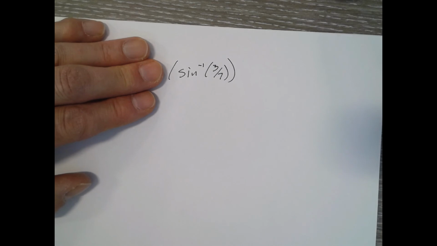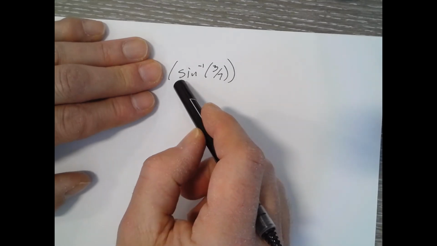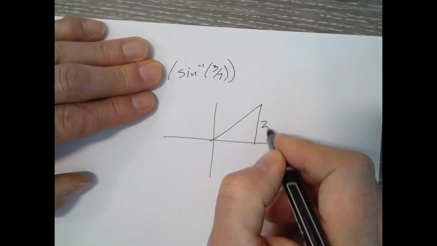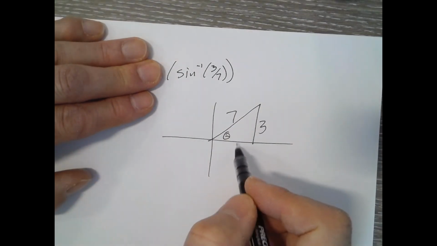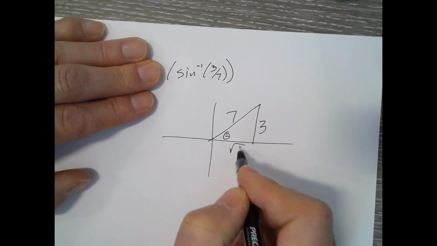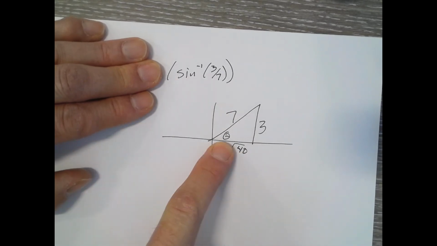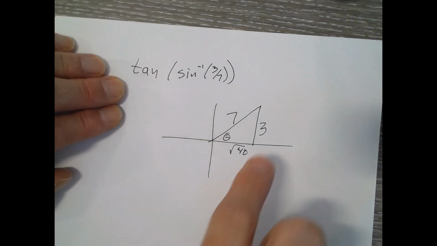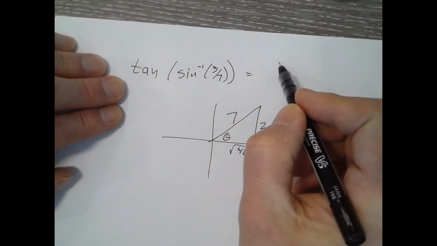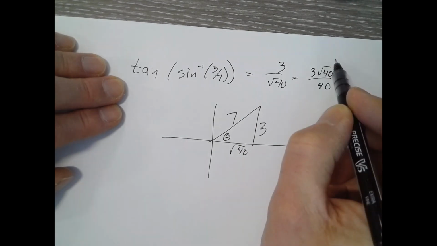In this case, what angle has a sine of 3/7? So we draw our triangle. That's our angle. And we could find this last side, 49 minus 9, so this is the square root of 40. Okay, we have our triangle drawn. This tells us what our angle is. It's right there. Now we have to find the tangent of that angle. So it's just opposite over adjacent. So it's 3 square root of 40 over 40, or 3 over the square root of 40.